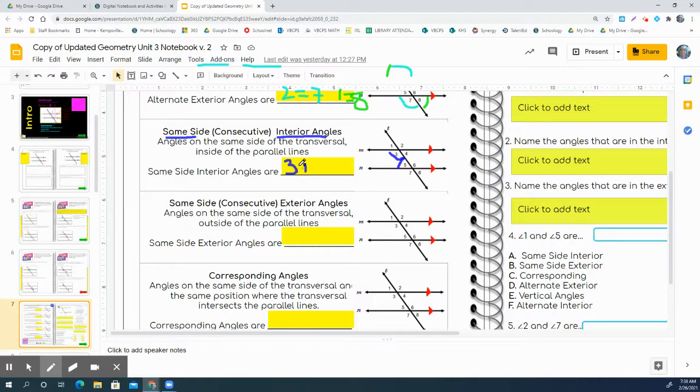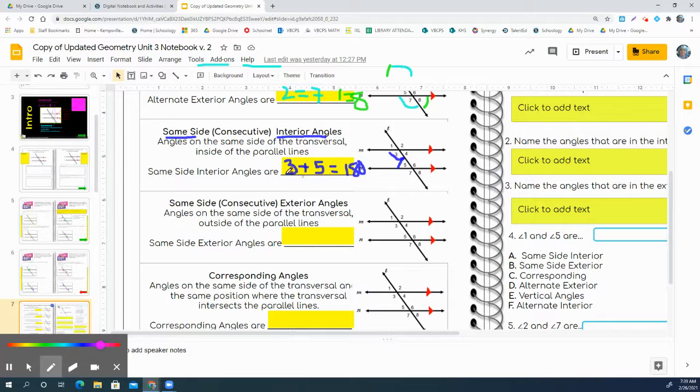And because 1 is obtuse, the 3 is obtuse, and the 5 is acute, we're going to do 3 plus 5 equals 180. And I know that doesn't look like really great math, but remember we're talking about the measure of angle 3 and the measure of angle 5 equal 180 degrees. So they're same side of that transversal T, and they're inside of the parallel lines.